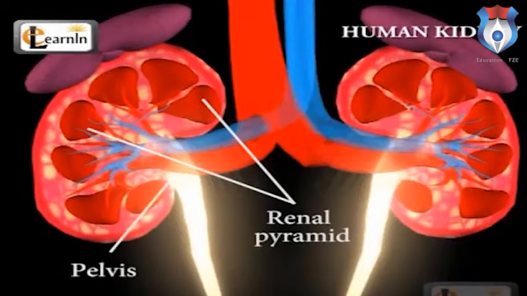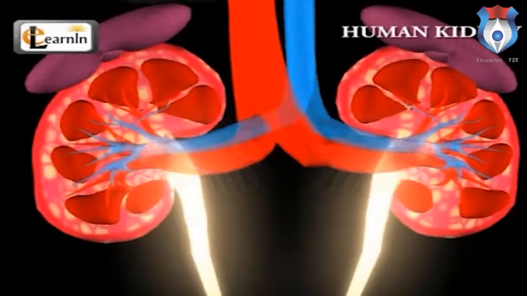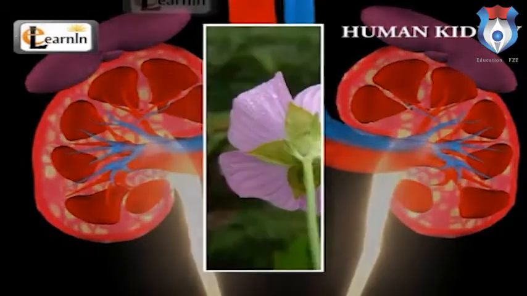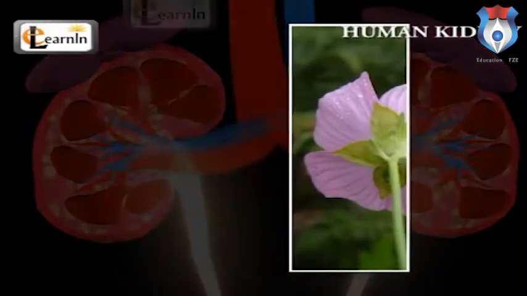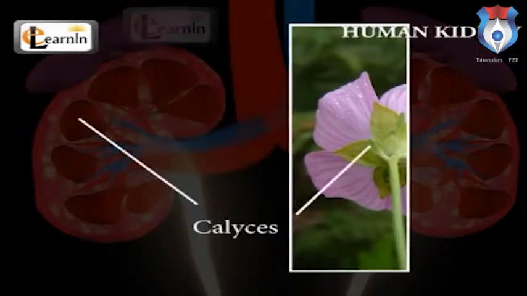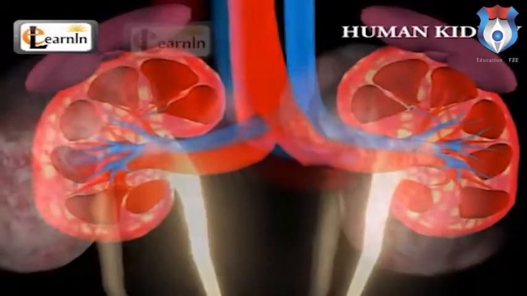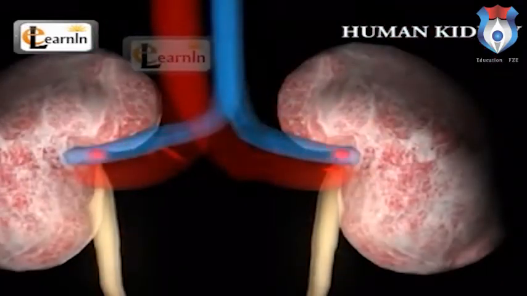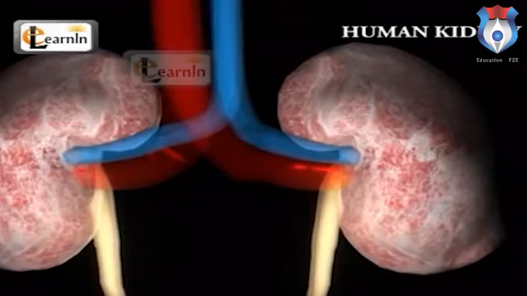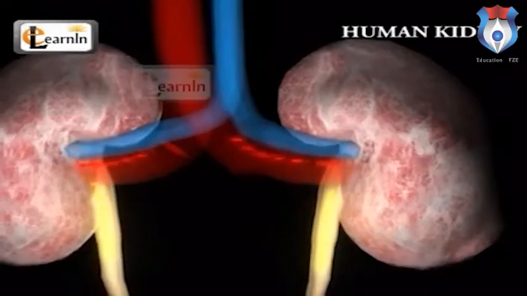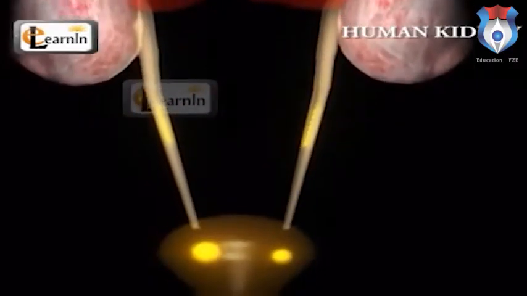These extend into the pelvis. The broad end of each pyramid is branched and resembles the sepals of a flower. Hence, these are called calyces. Through calyces, urine reaches funnel-like ducts and from there goes into the pelvis. From the pelvis, urine goes to the ureters.